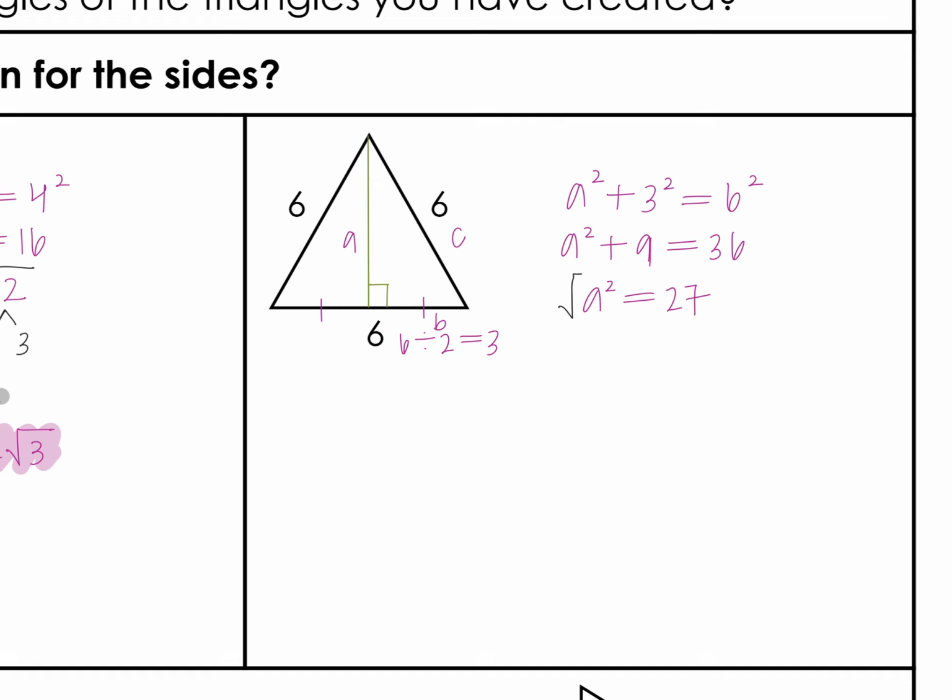And so we're going to take the square root and then simplify. So some factors of 27 are going to be 9 and 3. And that 9 is a perfect square, so we're going to pull out a pair of 3's. And then we'll have a leftover 3 underneath the radical.